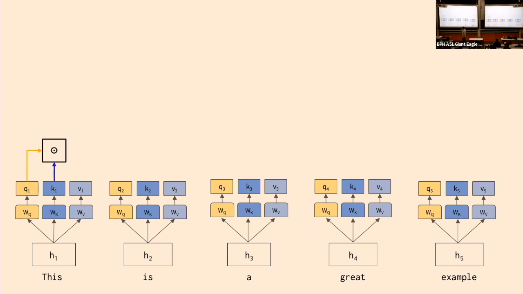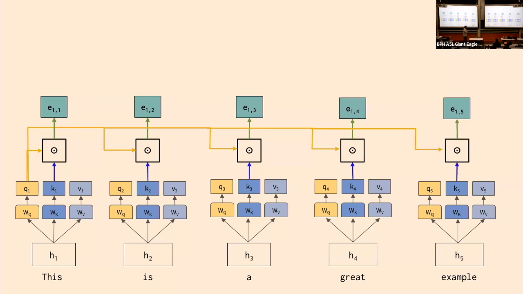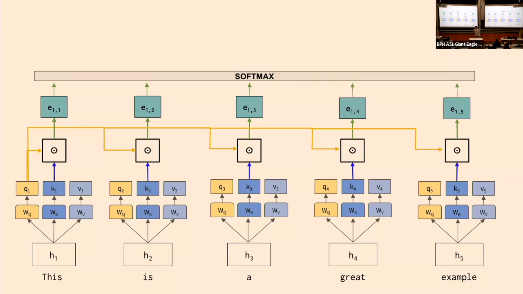Then what we do is we take one query, as we did before, we take one key, and figure out what the energy score would be for this particular query-key pairing, right? We take the same query, a different key, and figure out what the score would be for this pairing, right? And we do this a total of 5 times, and with this we get an energy vector, right? We pass this energy vector to a softmax, just as we did before, and from this we get 5 attention weights, right?